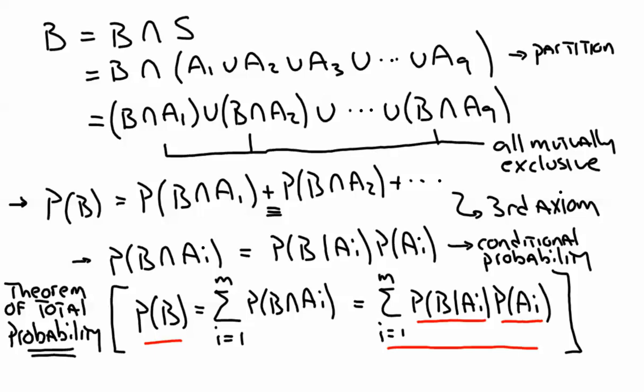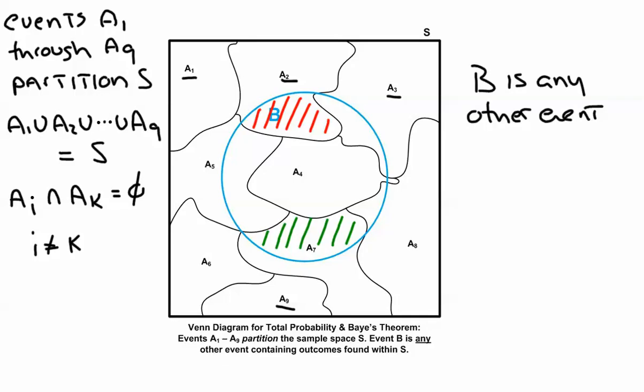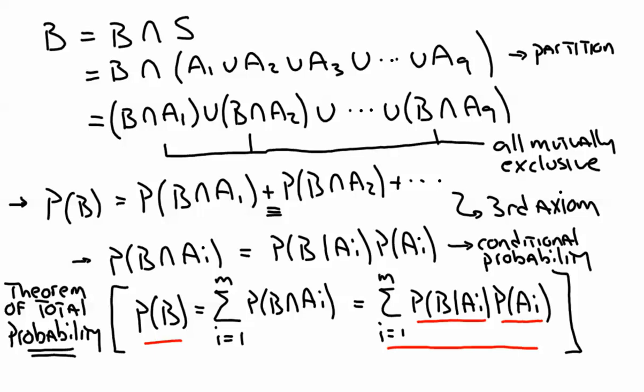In my earlier example, M would have been 9, because I had 9 partitioning events in my sample space S. In general, M can be any integer. M is the number of partitioning events in sample space S.